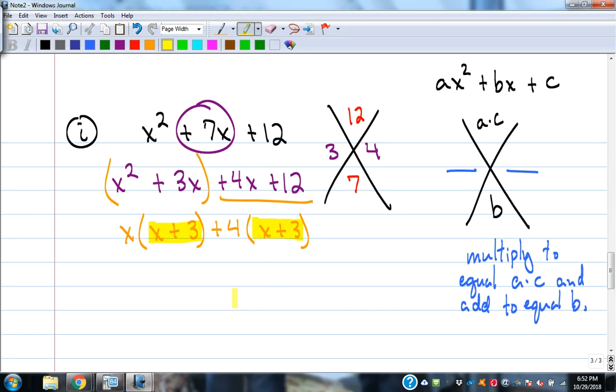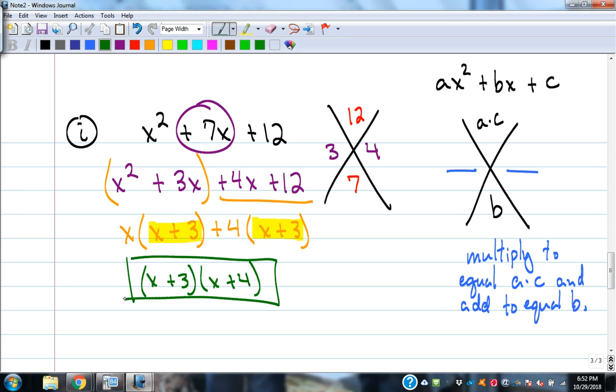They're matching up. I win. X plus 3 times x plus 4. That's the factored form of that.